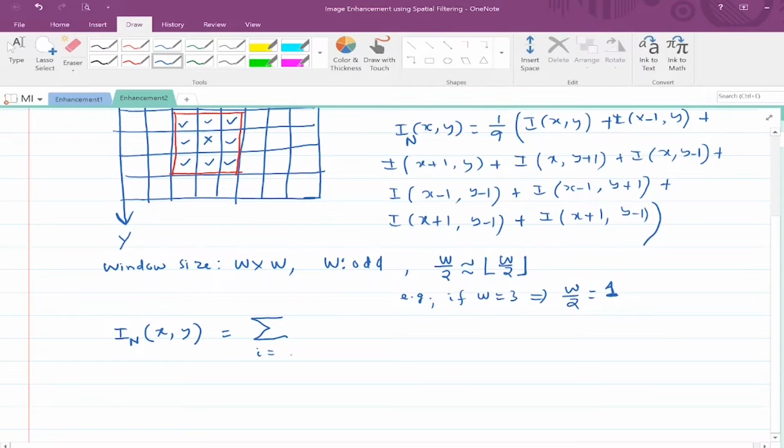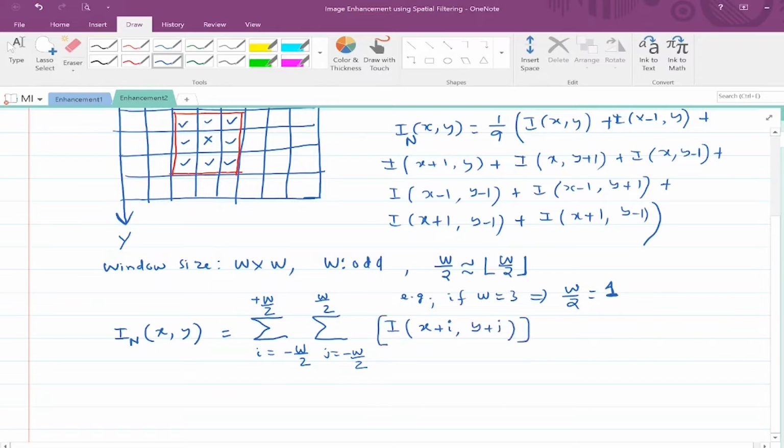This would be varying from minus w by 2 to plus w by 2. Then columns also I would like to change from minus w by 2 to plus w by 2. Then what will be there inside this summation? We are going to sum up all values associated with I of x plus i comma y plus j.